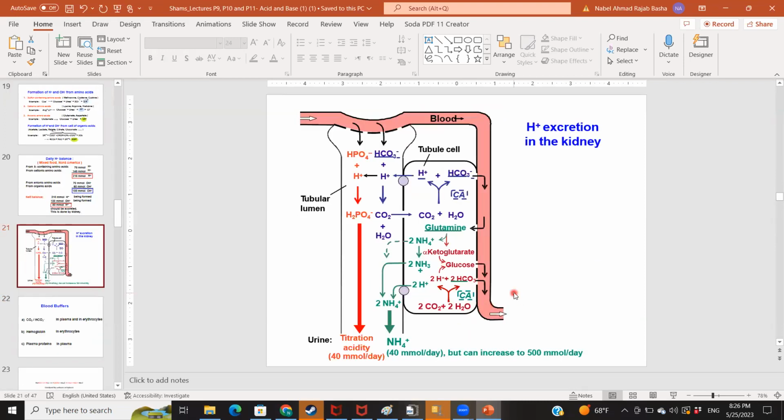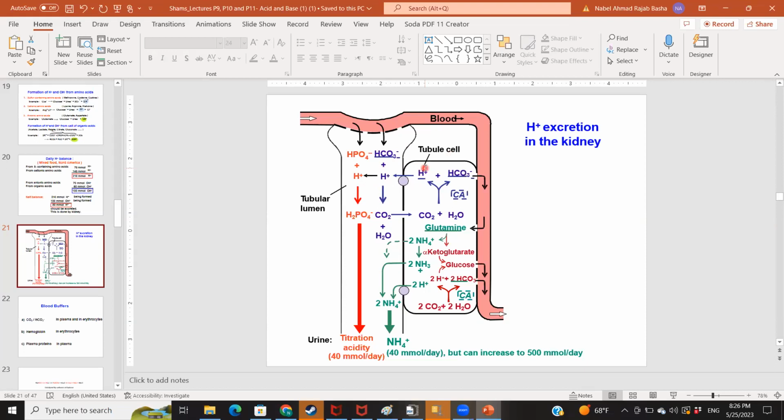So here is the kidney. As we can see, the blood is in contact with the tubular cell, or to be specific, the alpha intercalated cell. And this cell is in turn facing the tubular lumen.